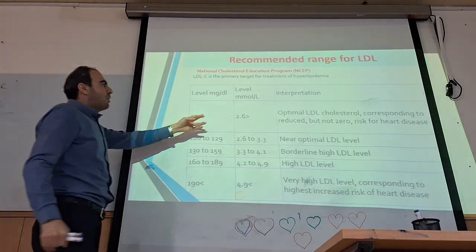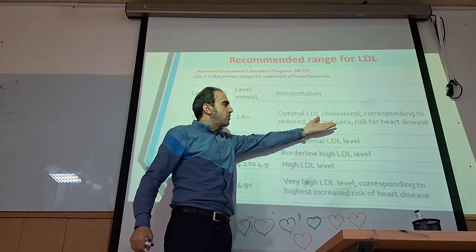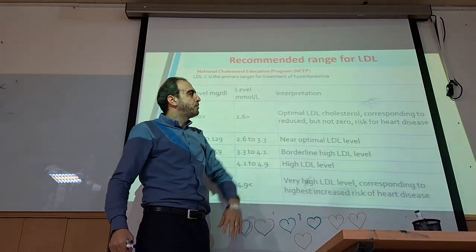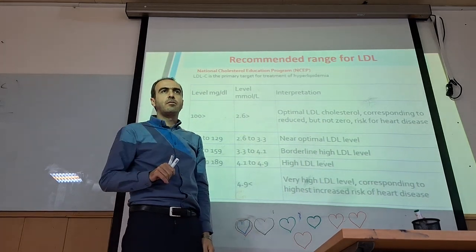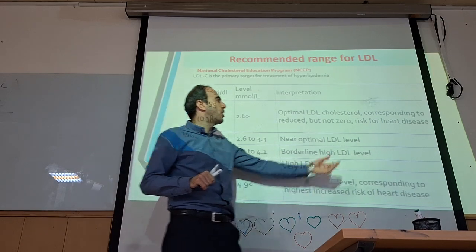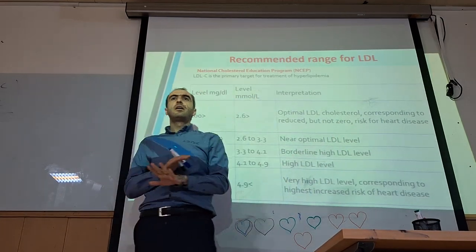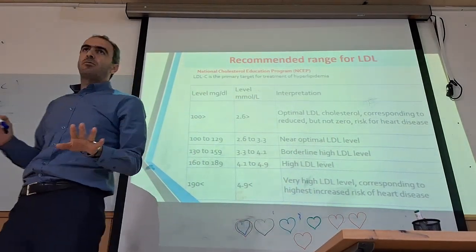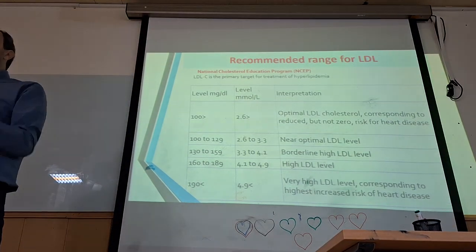So less than 100 is the optimal LDL cholesterol, corresponding to the lowest level of risk of atherosclerosis or heart disease. But it doesn't mean the risk is zero, just that it is the lowest level.